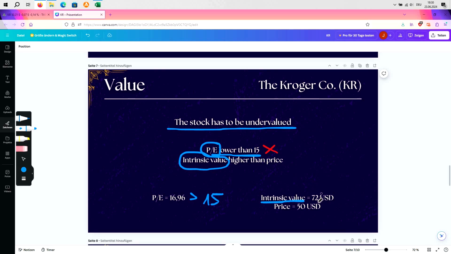So based on those calculations, bro, Kroger should have the stock price at $72 at this exact moment. But the current price is $50. That means, bro, that the current price is actually lower than the fair price that the stock should have. So Kroger is actually undervalued.